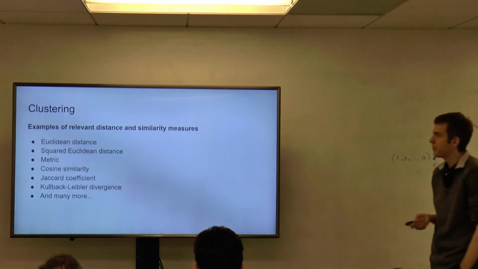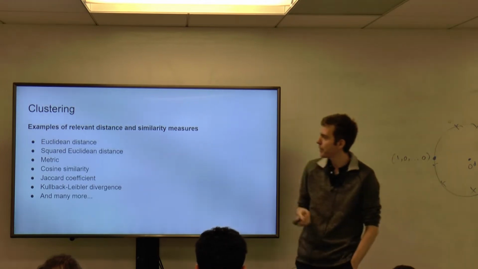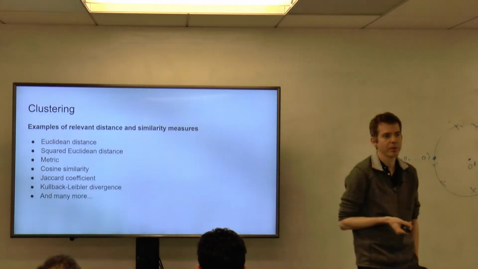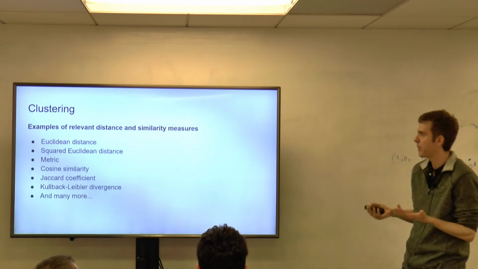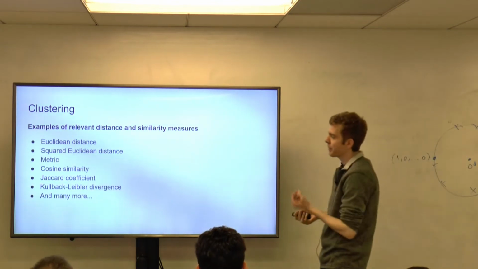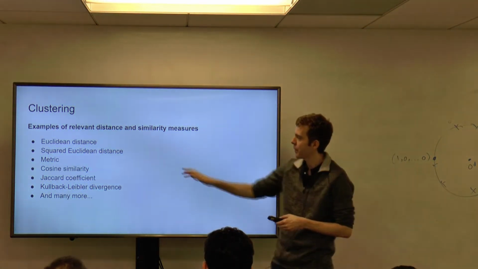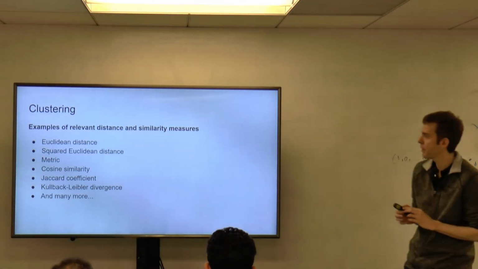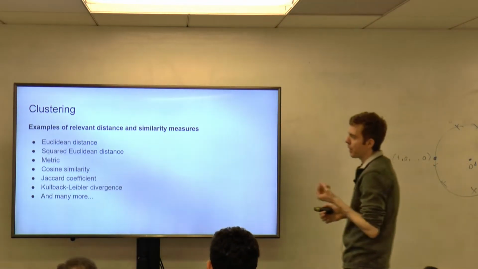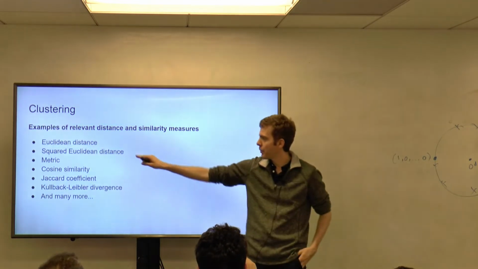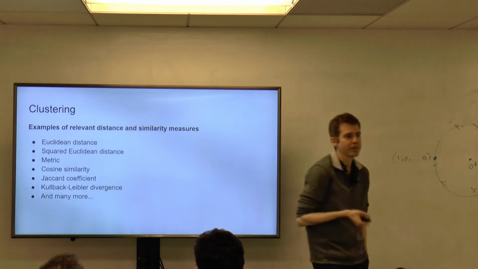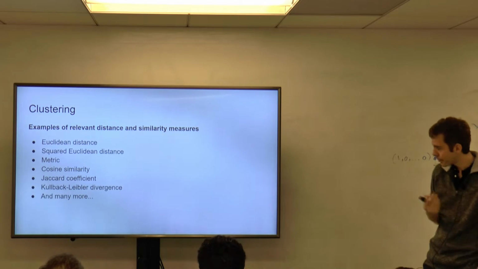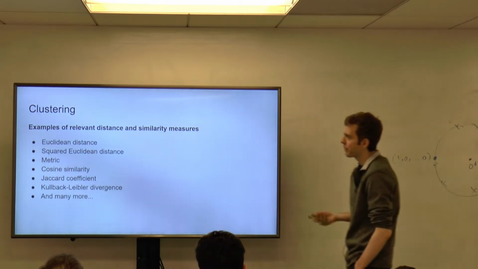So some examples of relevant distance and similarity measures include the Euclidean distance. So when you group points to try to minimize the sum of Euclidean distances to their centers, this is called the K-median problem, which we're going to focus on a lot in this talk. When you group points to try to minimize their squared Euclidean distances to the centers, this is called the K-means problem. But you can imagine many other notions of similarity.